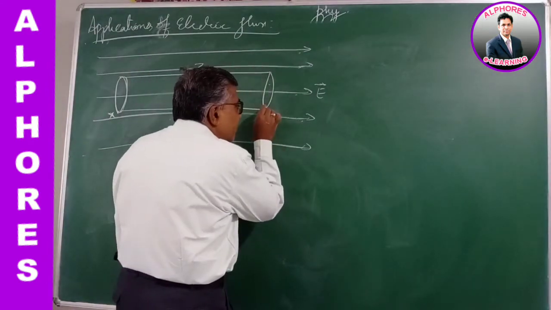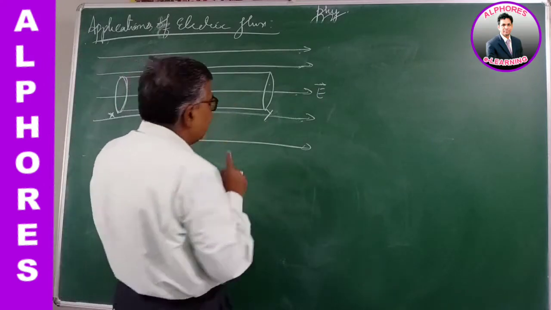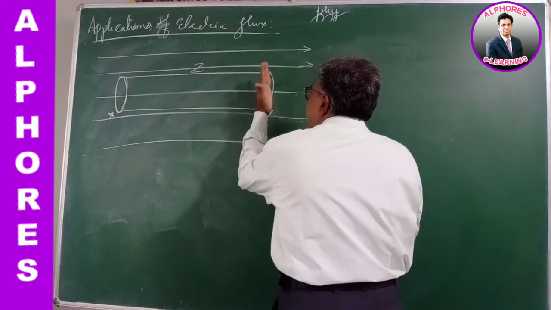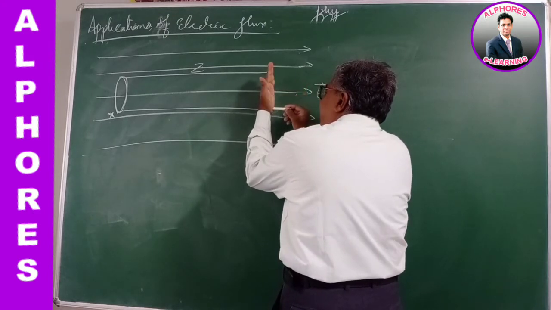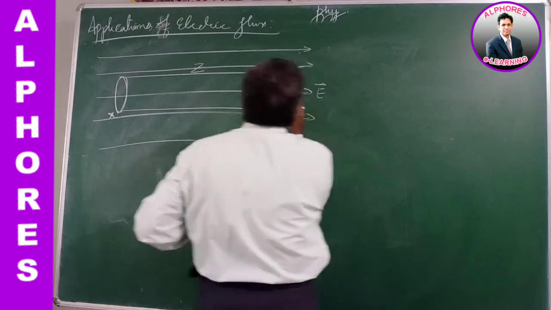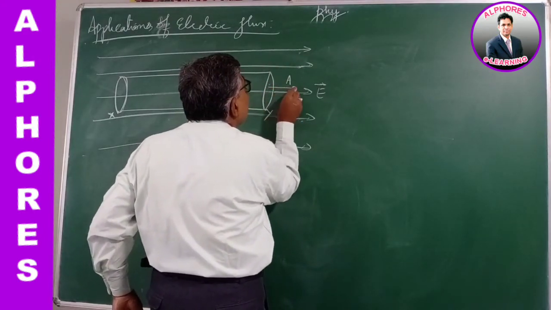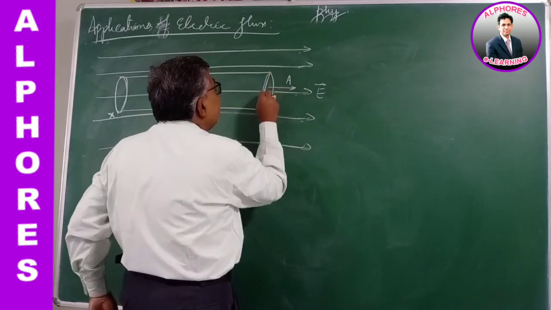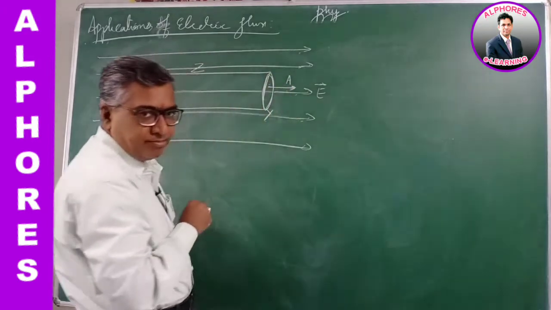First let us talk about y. The electric lines of force are passing like this. When I see from this side, this circular area element of y is in this form, and if I take the area to be A, the direction of the area element is normally away from it like this.